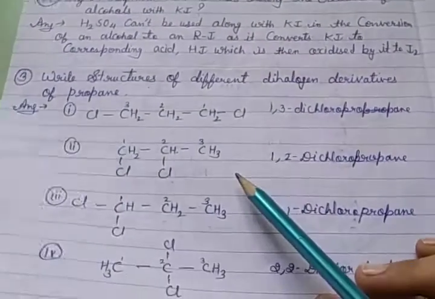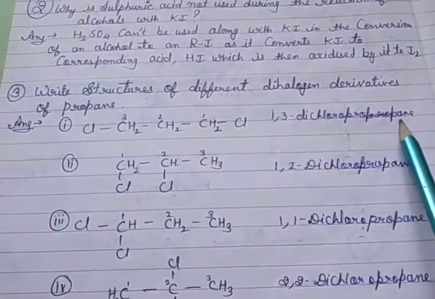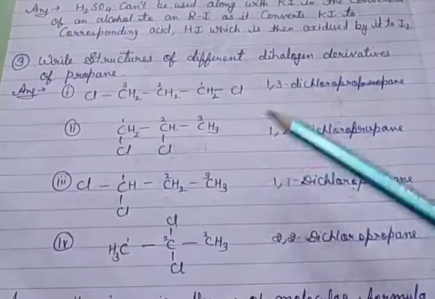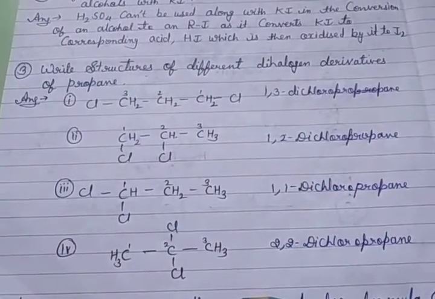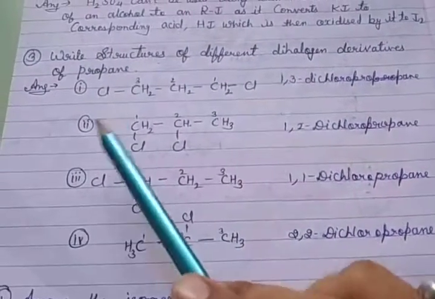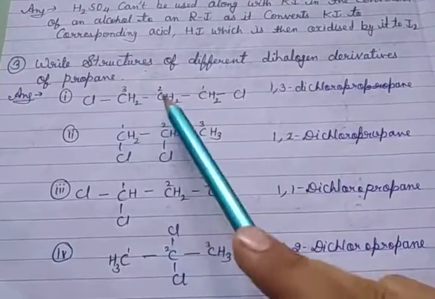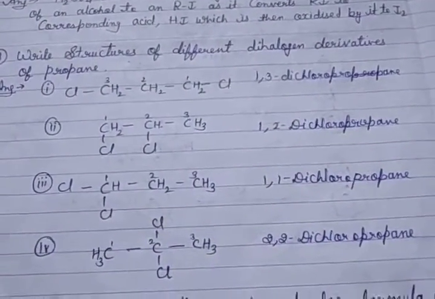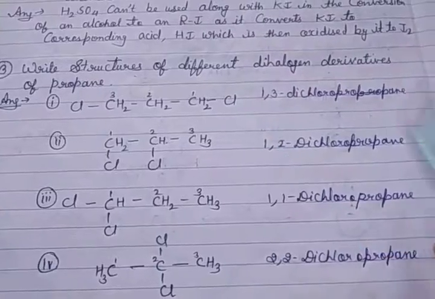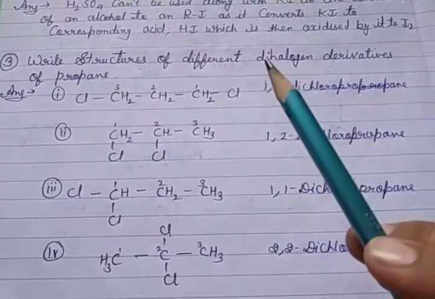Then third question: write the structures of different dihalogen derivatives of propane. First write propane with carbons 1, 2, 3 and attach two halogens. Any two halogens, like chlorine.